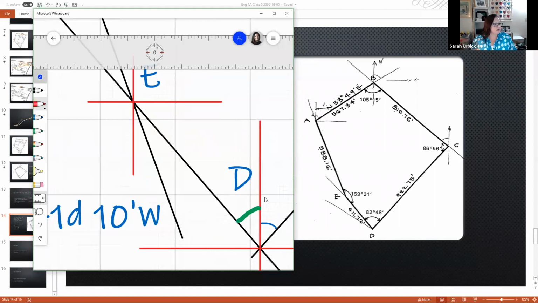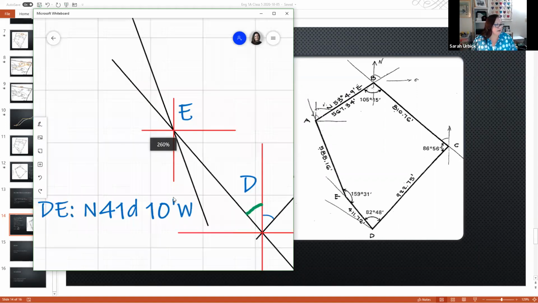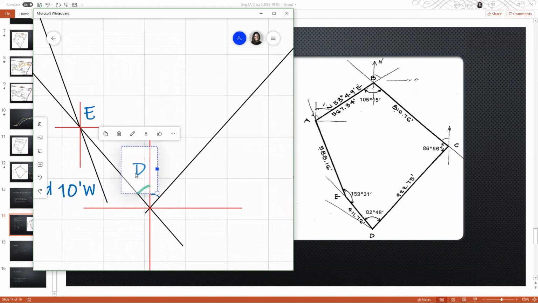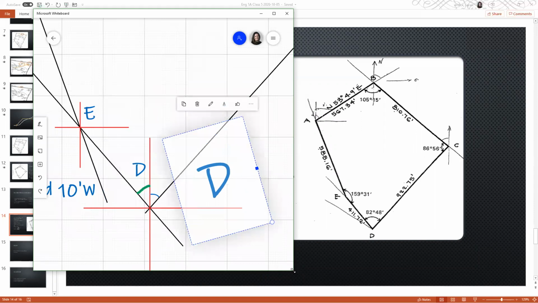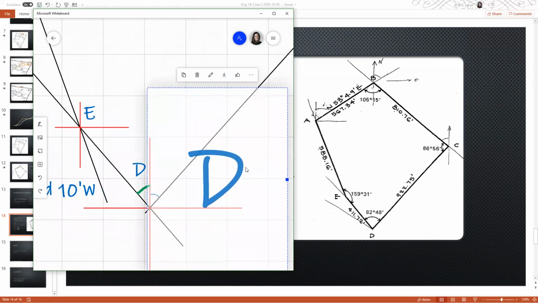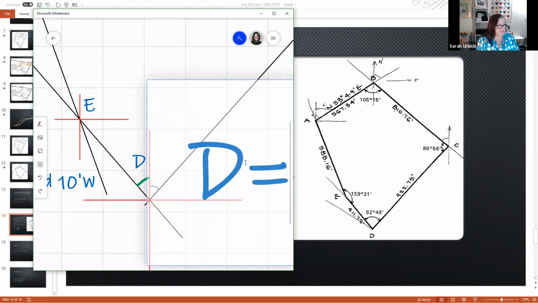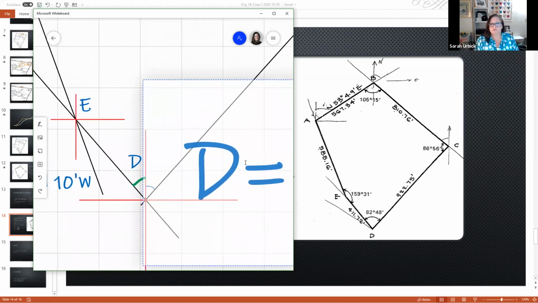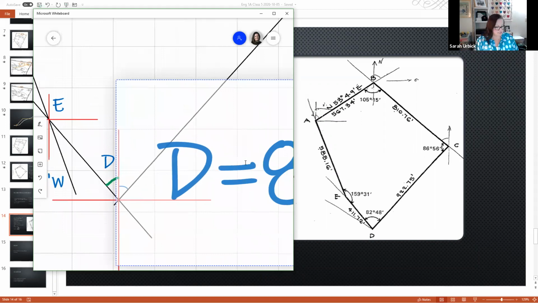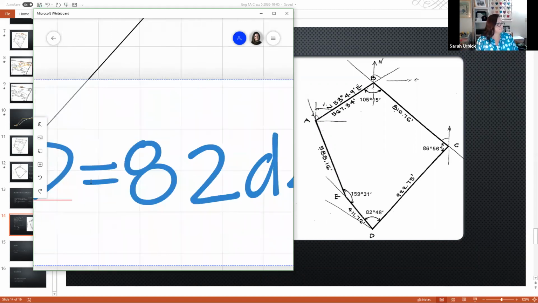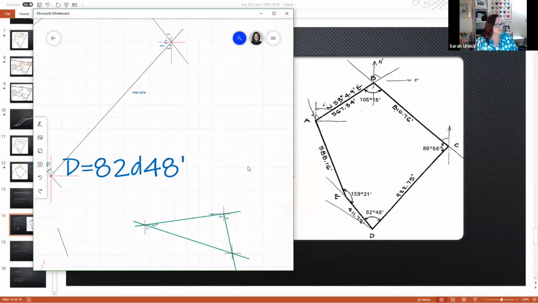All right. Let me run out the math for you here. What is D? The interior angle at D. 82 degrees, 48 minutes. Right?